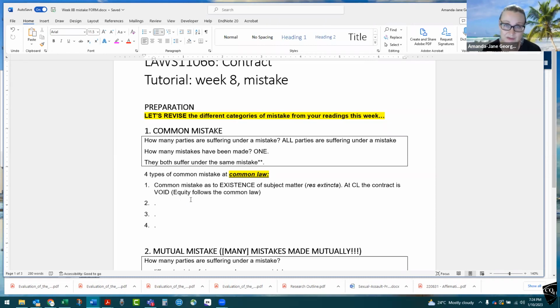Sometimes, if there's good reason for it, and we call that the jurisdiction for equity being enlivened, if that happens, sometimes equity can overrun common law and provide you with a different remedy or a different result. But here, both parties think the thing exists, it just doesn't. It's just void, okay? Equity follows the law.